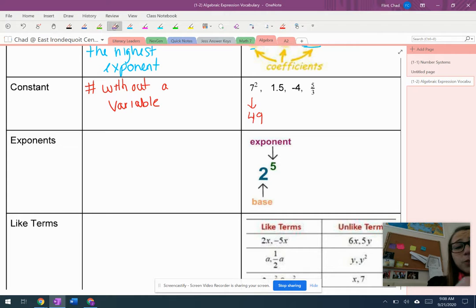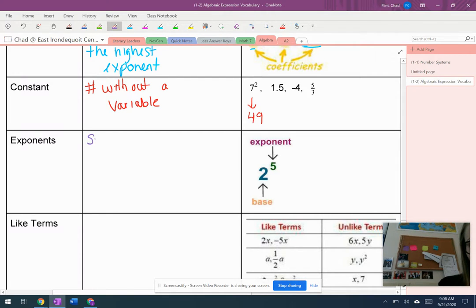Exponents, which probably should have went before we talked about degree, but anyways, exponents are those smaller raised numbers. And keep in mind that they represent, and this is the important part, repeated multiplication.